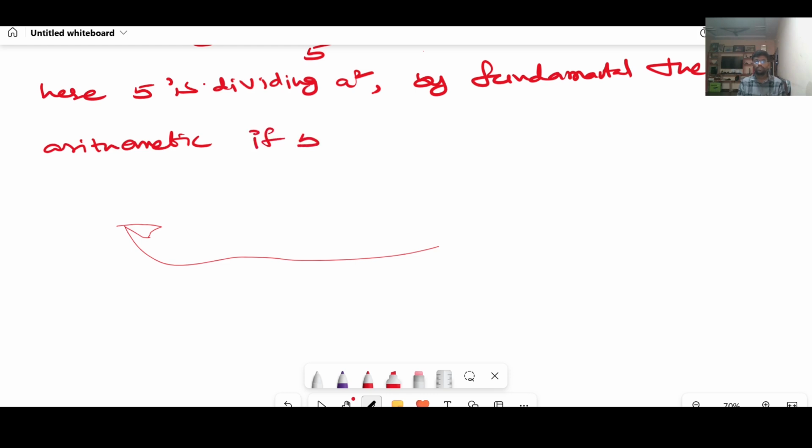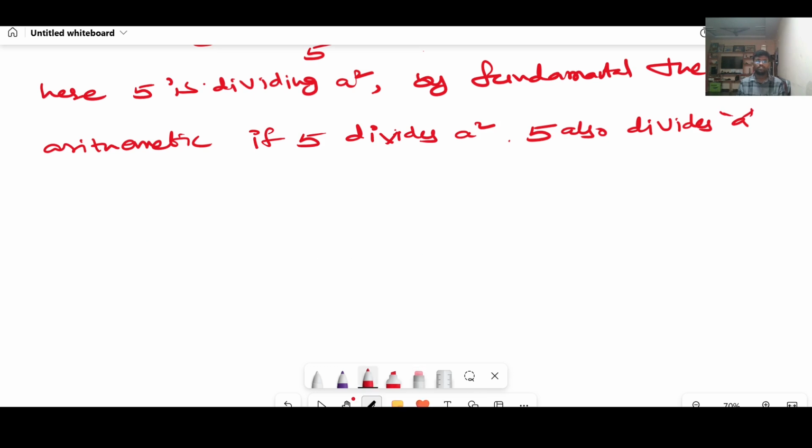If 5 divides a square, 5 also divides a. That means 5 is a factor of a.